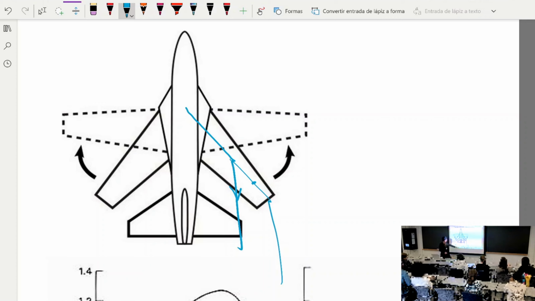So the influence of this leg of the vortex on this point is going to be more if you have a sweep, because if you look at the angles, the angle is going from a positive angle to minus 90 degrees.